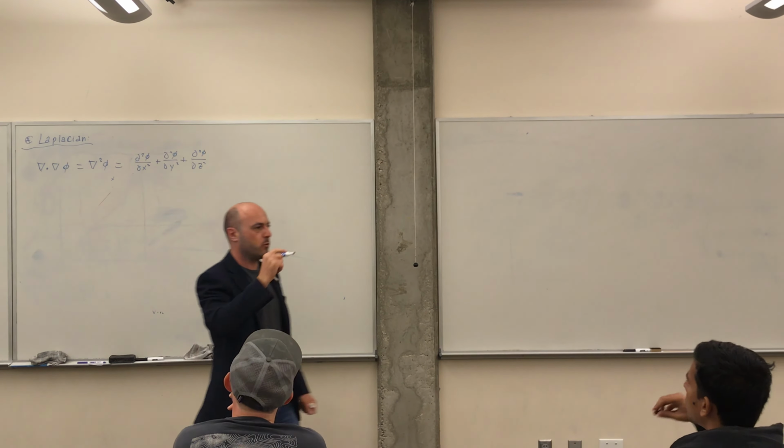Now, if you take the gradient of that, you're going to get 27 components, so that's a tensor of rank 3, and so on. If you take another operation here, you're going to have a higher rank tensor, but we rarely have to do that. In continuum mechanics, we only deal with tensors of up to rank 2.